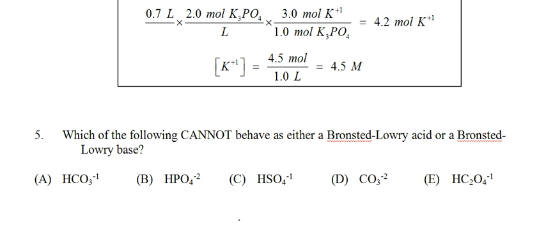All right, number 5. Which of the following cannot behave as either a Bronsted-Lowry acid or a Bronsted-Lowry base? In other words, this question's asking which substance is not amphoteric. Amphoteric means it can act like an acid or a base. It doesn't have to be a Bronsted-Lowry acid or base, but typically it is.